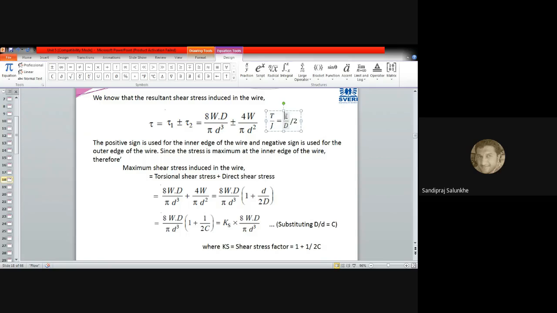Now here we write this as T1. Here we have to apply the torque. Torque is nothing but force multiplied by radius. This force will be W multiplied by the radius, capital D by 2. J of that wire will be pi by 32 d raised to 4. Tau, d by 2 here.